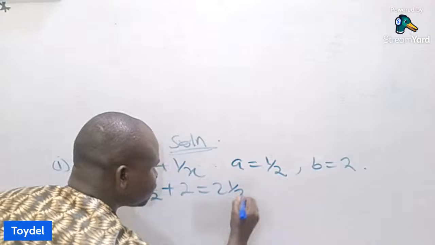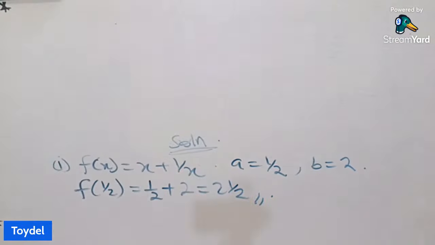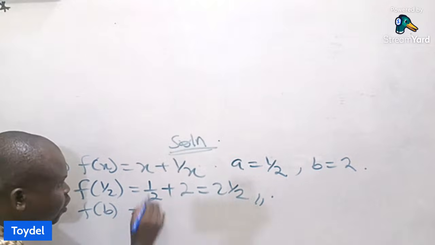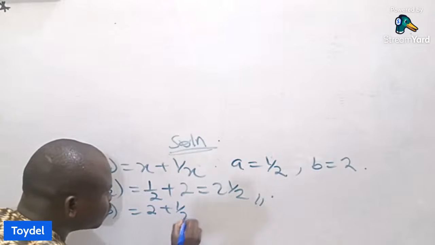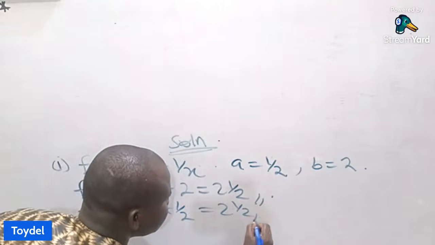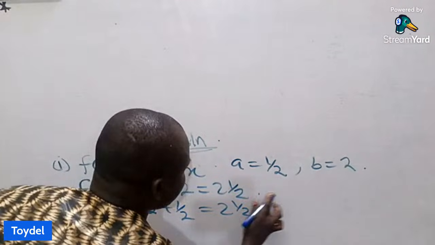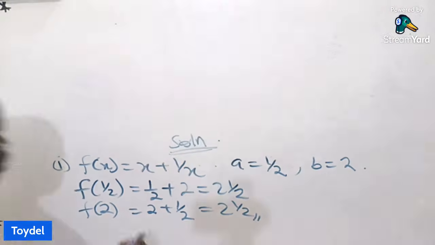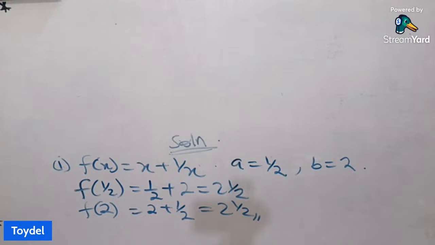That is 2.5. f of half is 2.5. Then f of 2, b is 2, will be equal to 2 plus 1 over 2, which will also be 2.5. So f of a is the same thing as f of b.